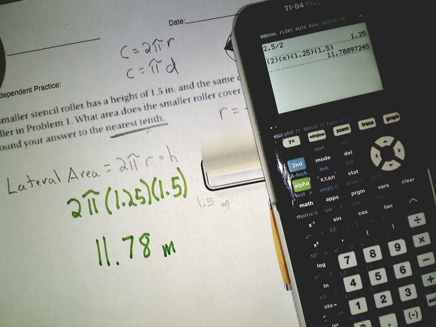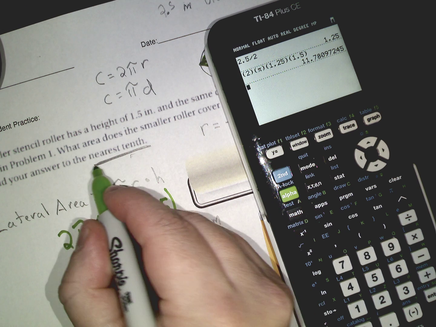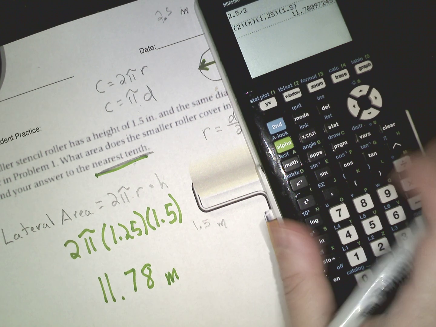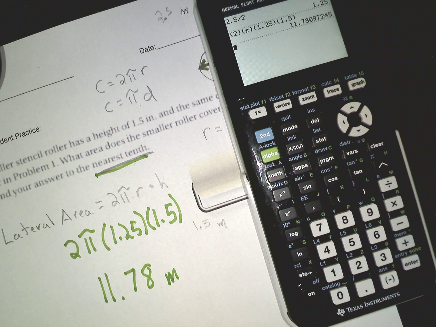Now, it says round to the nearest tenth. The number I got in the calculator is 11.7809. I'll stop there. Tenths, hundredths, thousandths, ten-thousandths. Tenths, okay? I have to make sure I'm at the right level.